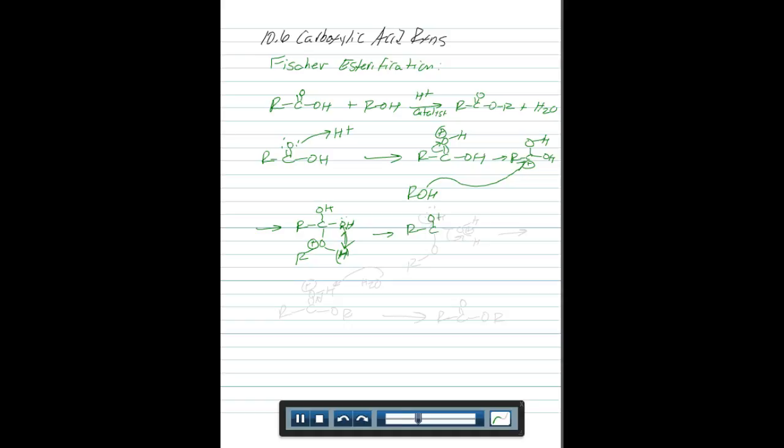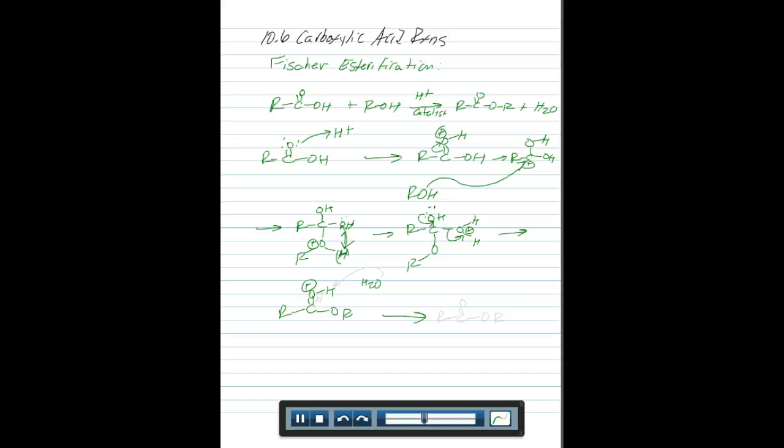Remember, we talked about that water is a really good leaving group. Anytime you can make water, you're going to want to do that. So what happens is the lone pairs from this OH come back down and kick out your water group, and you can kind of see how you're already making your ester.